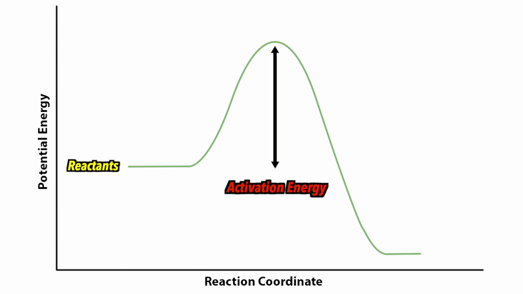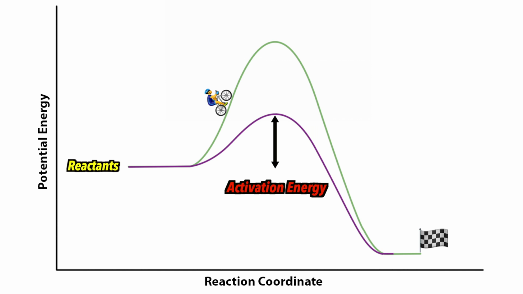I always like to think of it as me riding a bicycle on that track. Right now, it's going to require a good amount of energy for me to climb up that hill. But what a catalyst can do here is lower that activation energy to maybe about this much, and therefore, you don't need that much energy as before to get the reaction going.